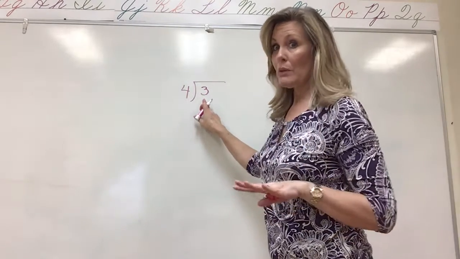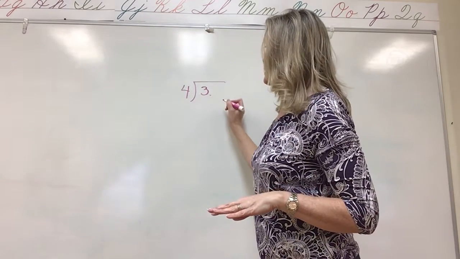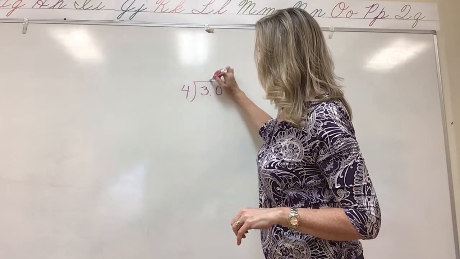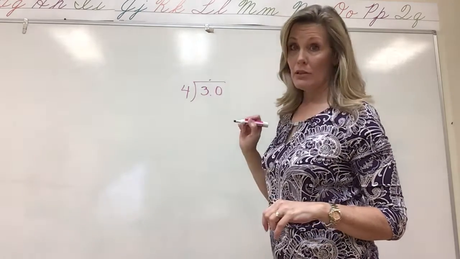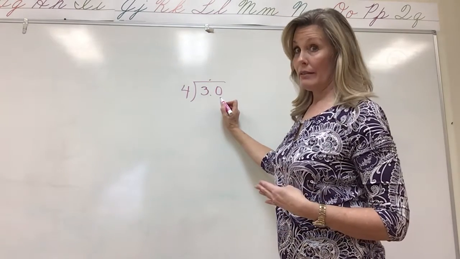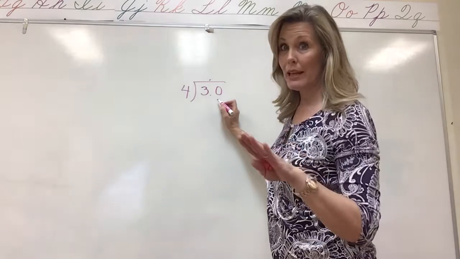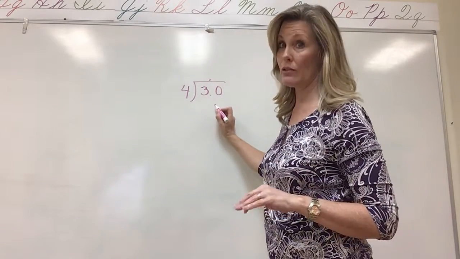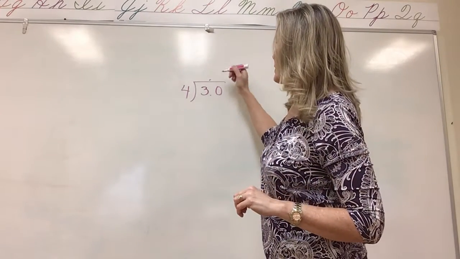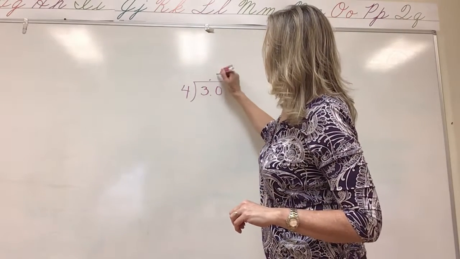So the very first thing I want to do is annex a decimal and a 0. And then I'm going to put my decimal in my answer. And now 4 will go into 30. I don't deal with that decimal point other than putting it in my answer. Now I'm just going to use it like that's regular digits. So 4 into 30 goes 7 times.